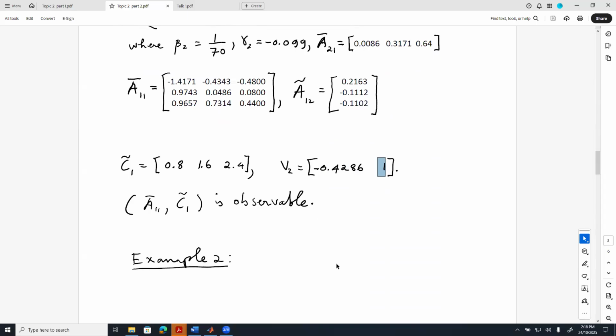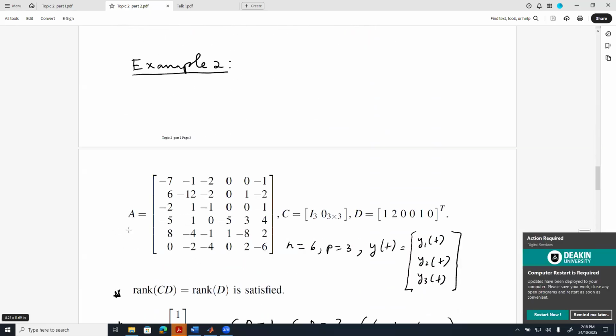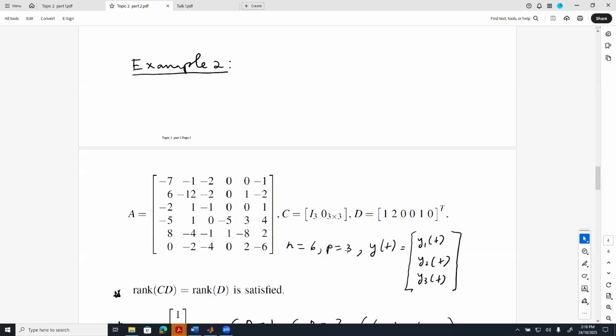In the second example, we're going to pick another matrix I, D, and C, where we pick a higher order system, a sixth order system where n equals 6. So we've got 6 state variables. We're going to pick 3 output measurements, and bear in mind that this output measurement is actually in the canonical form.